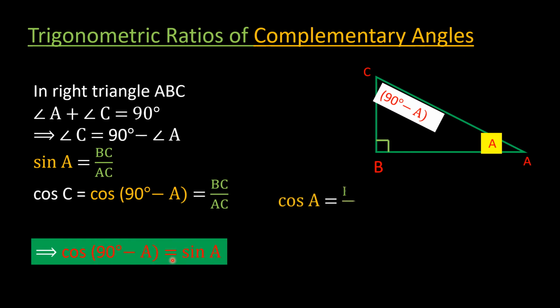Also, we have cos A equals BC divided by AC. And sin C equals sin (90 degrees minus A) because angle C is 90 minus A. So it will be BC divided by AC.